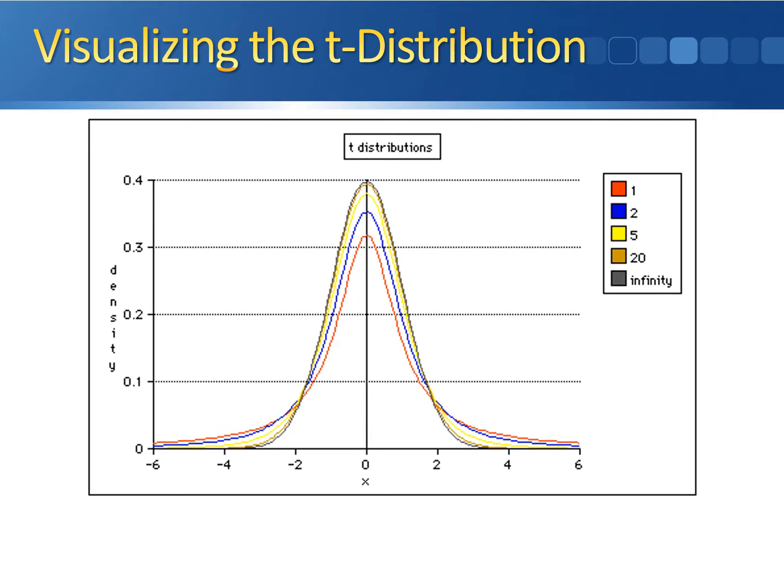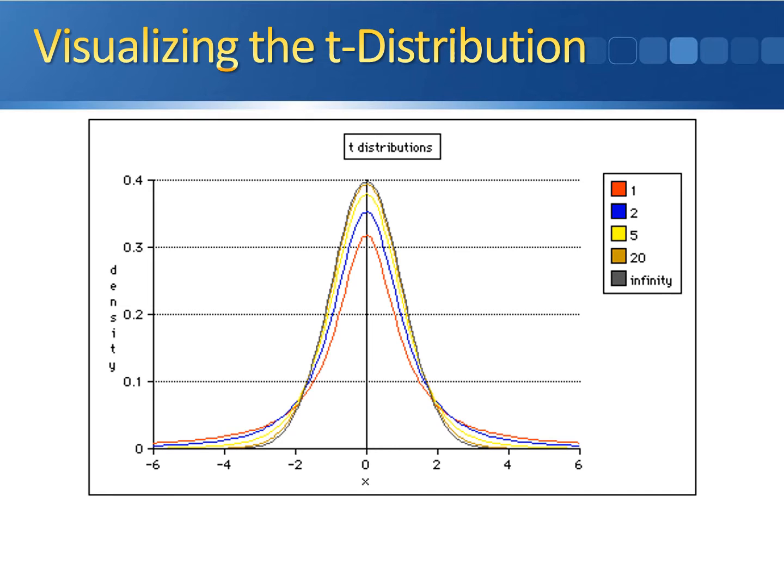We then get to a t-distribution with 5 degrees of freedom, which is the yellow curve, 20 degrees of freedom, which is the tan curve, and it continues to get higher and higher in the middle, with narrower and narrower tails. This continues for as long as you continue to increase the degrees of freedom. Technically, we can have a t-distribution with an infinite number of degrees of freedom.